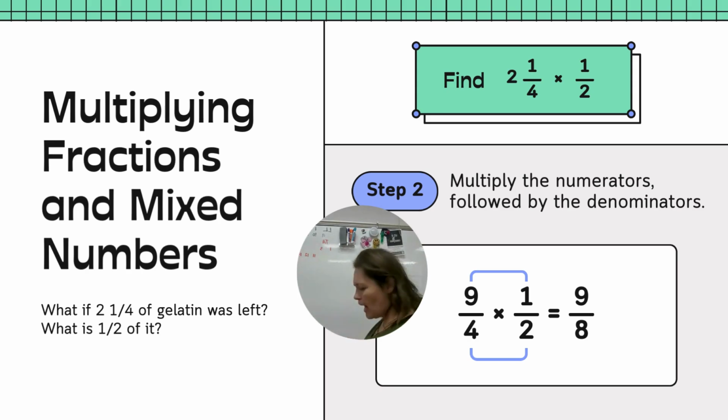So if I have 2 1/4 and I want to be able to multiply it, I have to somehow get this number into a fraction. So how am I going to make my 2 1/4 a fraction?